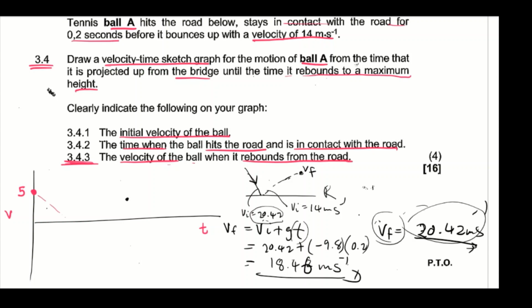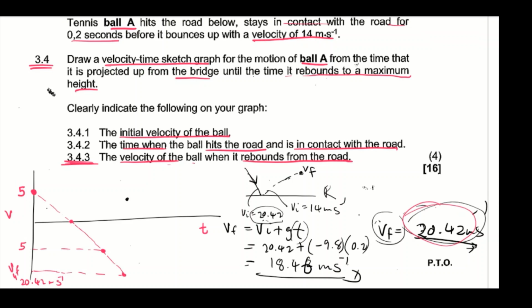The object went up until it reached maximum height, where the velocity was 0 meters per second. Then it went down, reaching the same velocity of 5 meters per second, and further down up to the final velocity, V final, which I calculated as 20.42 meters per second.